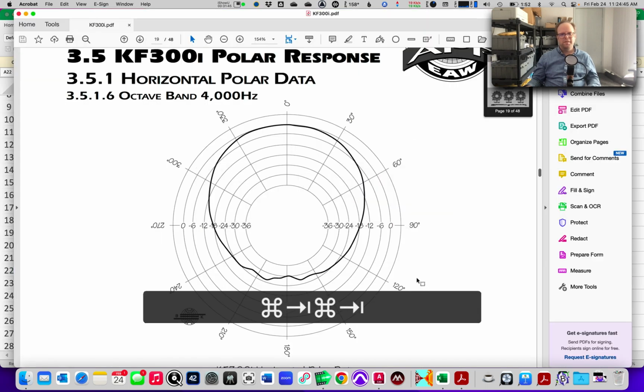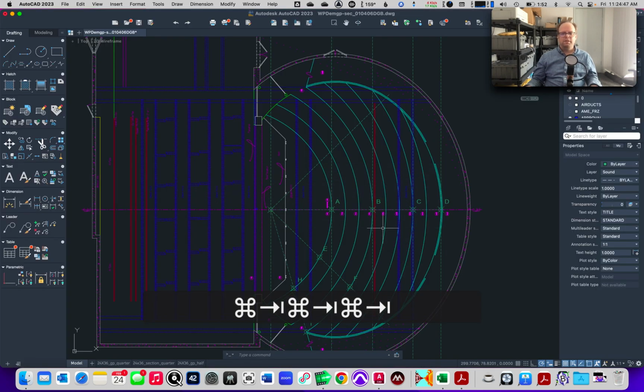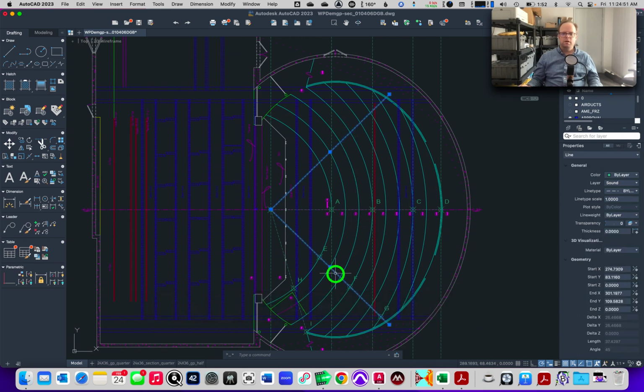So it works. Effectively, what has happened here is everything between this line and this line will behave as though it is in on-axis horizontal response, okay? So it's going to be just like that loudspeaker is pointed at all the seats in here on-axis horizontally. So all you're really taking is the vertical loss there. And then the only real horizontal loss you start incurring is when you get outside of this.